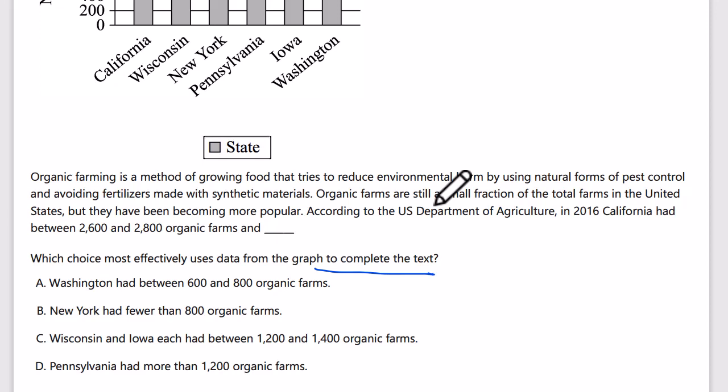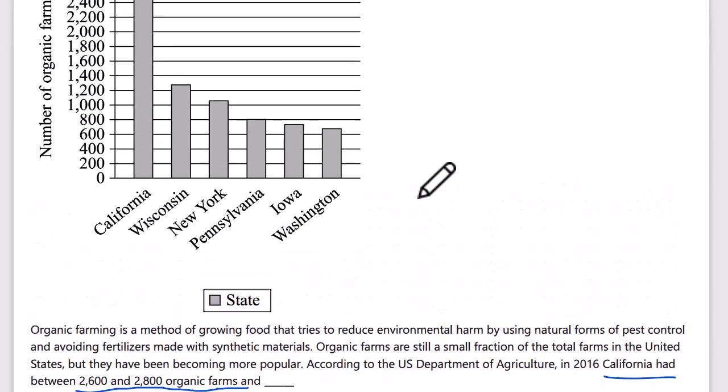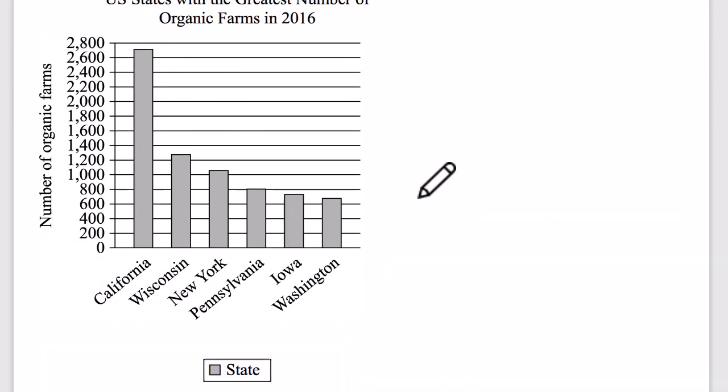Organic farms are still a small fraction of the total farms in the United States, but they've been becoming popular. According to the U.S. Department of Agriculture, in 2016, California had between 2,600 and 2,800 organic farms. And, okay, so here's our claim. California had 2,600 to 2,800. And sure enough, that's correct.